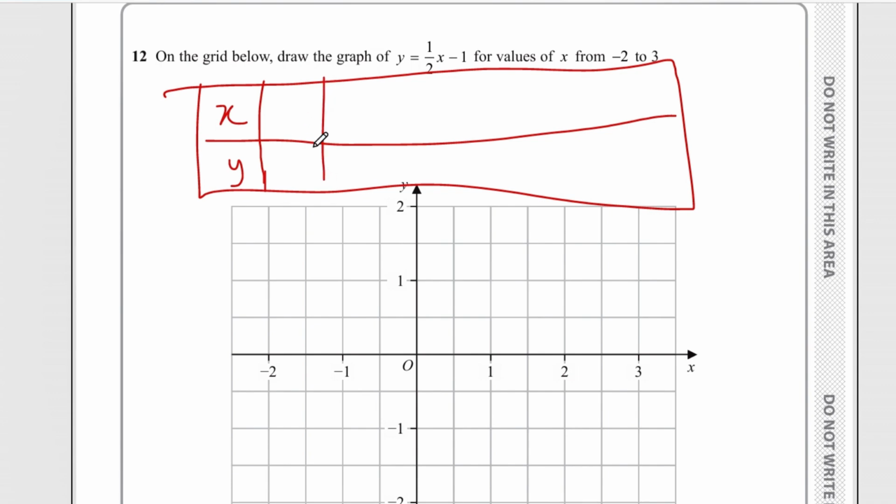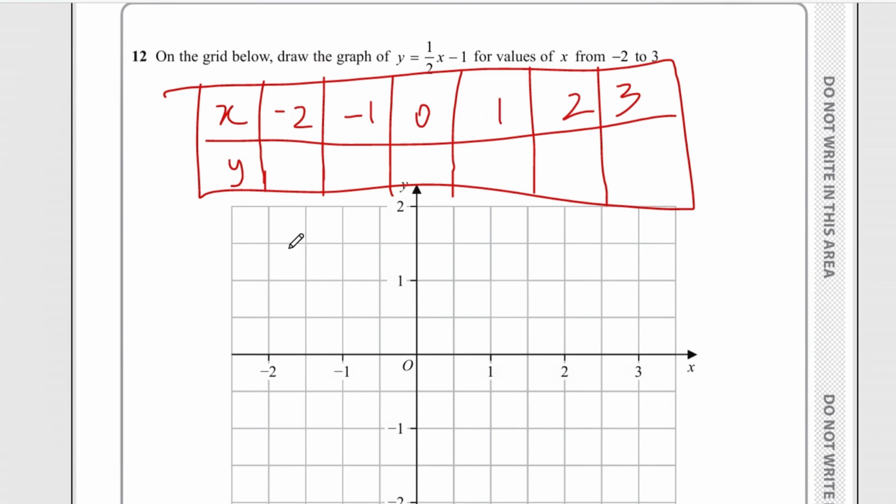So you go from -2 to 3. So you have -2, then -1, then 0, 1, 2, and 3.